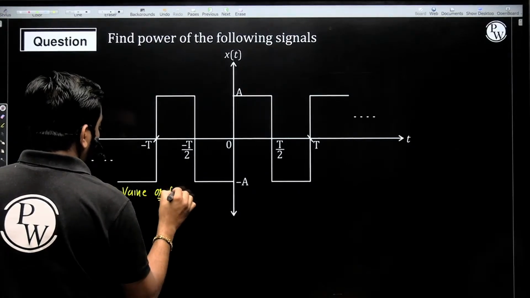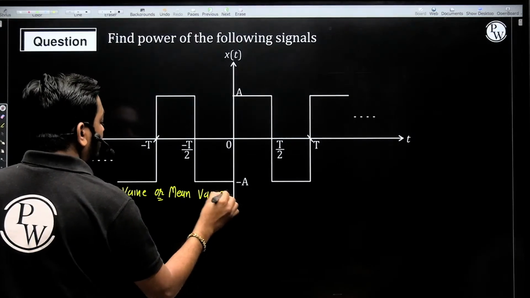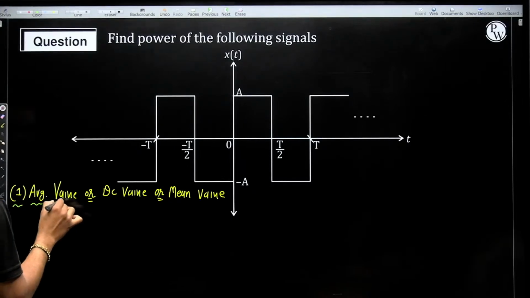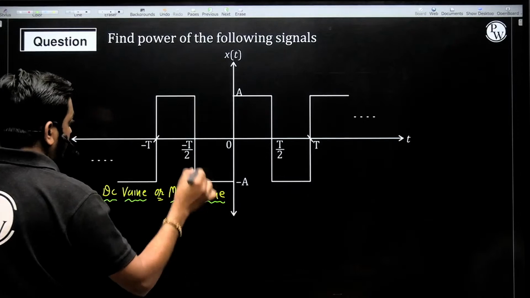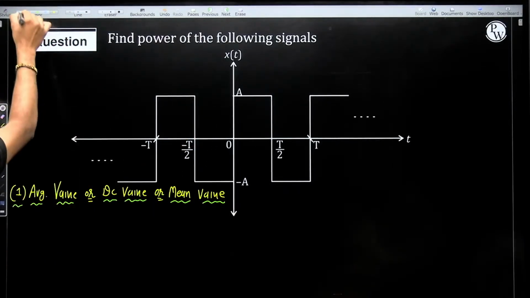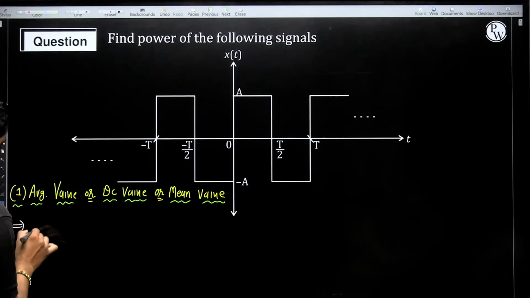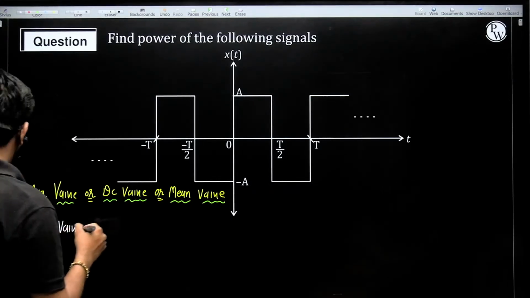Or we can say mean value, correct? Average value or DC value or mean value. Tell me how to calculate the average value. So area of one cycle divided by the fundamental time period. The average value of x of t is given by, it is nothing but what?